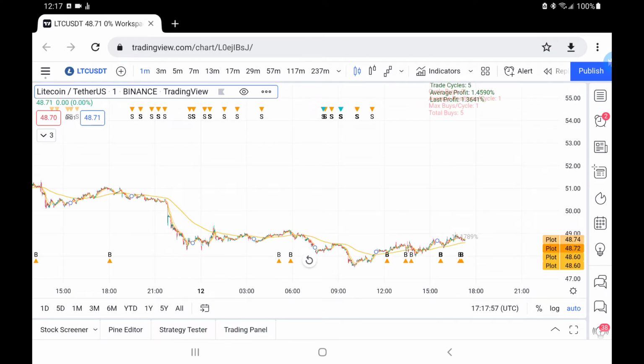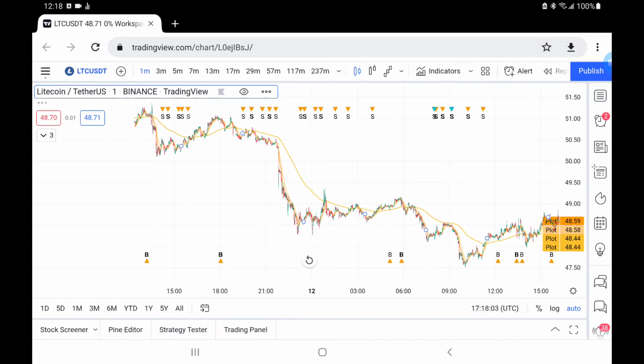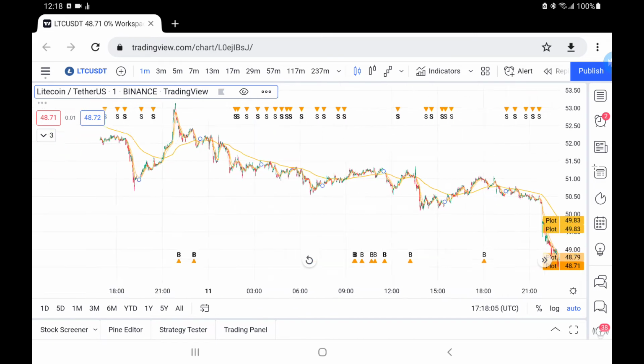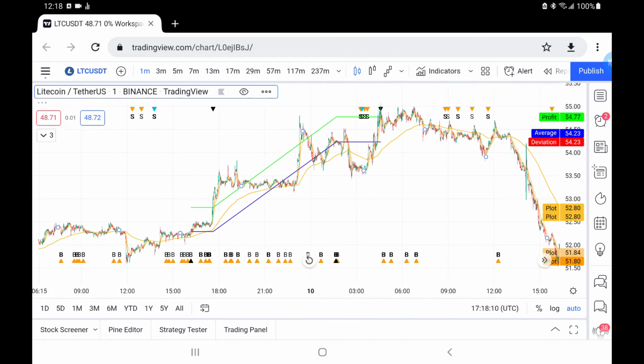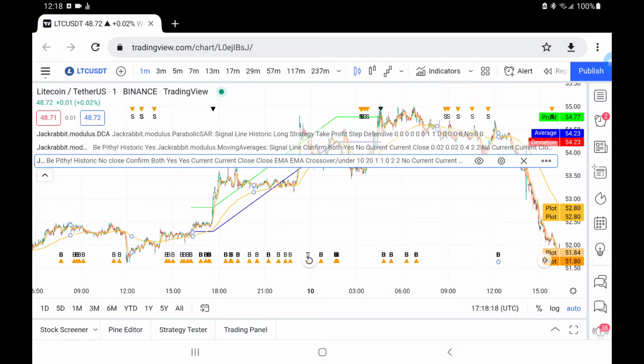LTC is another coin. This is a one-hit wonder, and it does do well. Long term for this coin is, well, quite popular. And as you can see, the runs don't last very long. Let's turn off some of the noise.